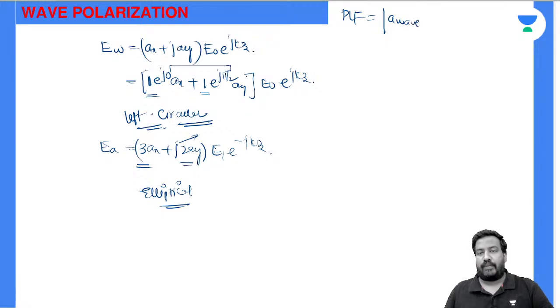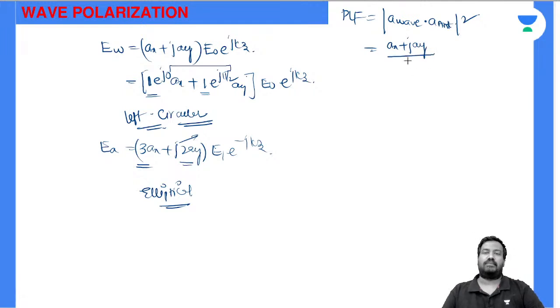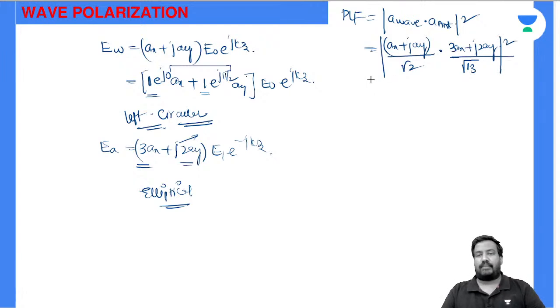Magnitude of the unit vector of the wave dot product with the unit vector of the antenna, whole square. This is ax plus jay by root 2, dot with antenna 3ax plus j2ay, magnitude under root 9 plus 4, that is root 13, whole square.